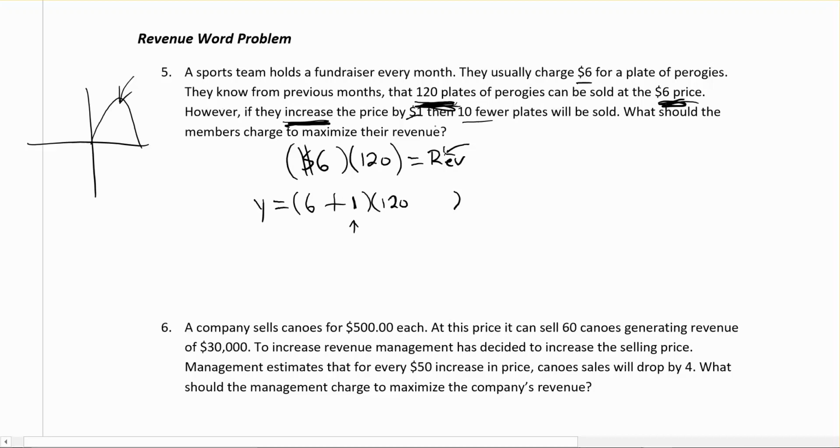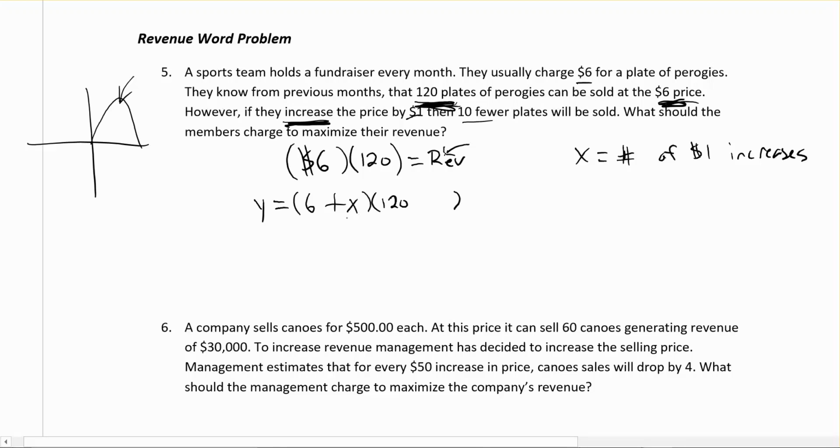So I'm going to let x equal the number of $1 increases. So x is how many times you made the increase go up. Instead of saying 1, I'm just going to write x. Right? 6 plus x. That could be $1, $2, $3, whatever I increase it to, right?